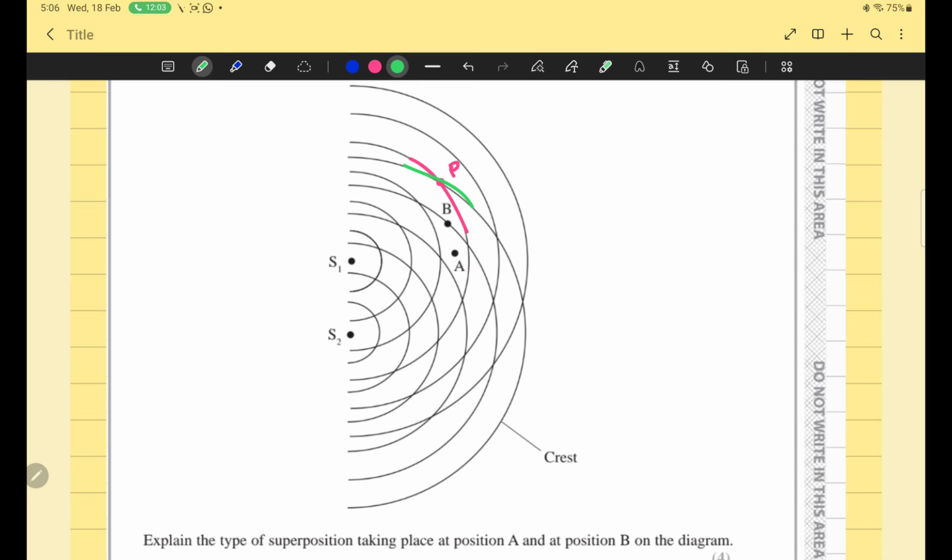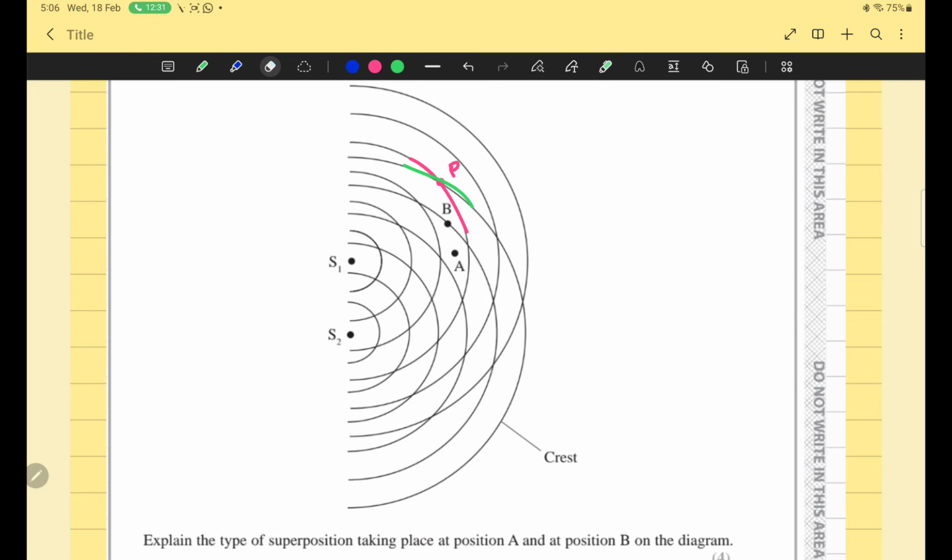It means, sir, both wavefronts represent crests. And you know when crest lies on crest of the other, sir, there will be constructive interference. So at point P, sir, there will be constructive interference. And if there is constructive interference, then obviously there will be maximum vibration observed at point P. Okay.